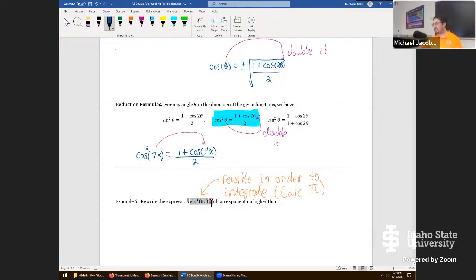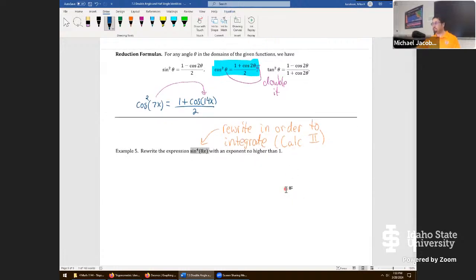Now we're going to try with this right here, sine power 4 of 8x. Good call, absolutely. That's the strategy here because it doesn't even look like you could do it, right? It's sine to the power 4, but these are all power 2. But just like you said, the more you do weird tricks with algebra, the easier this all gets.